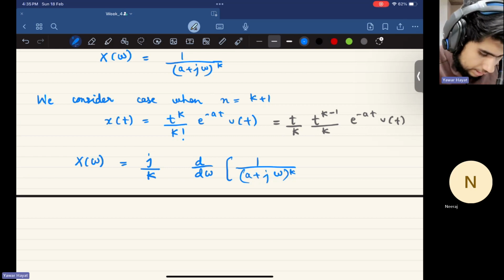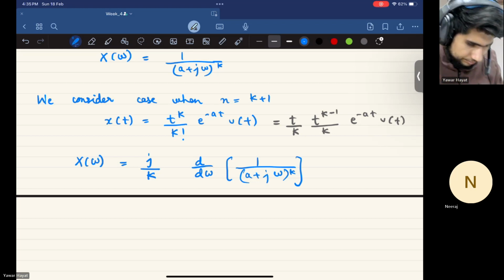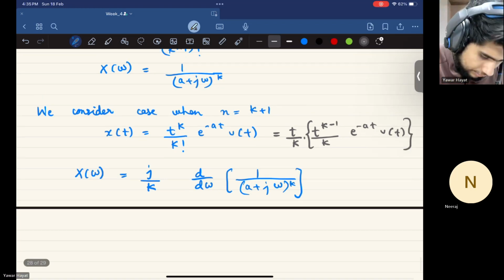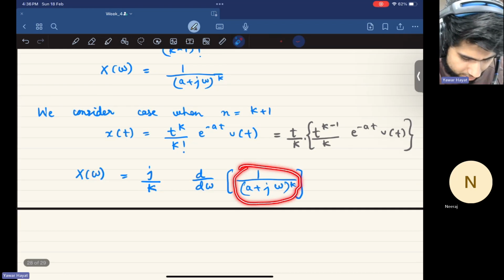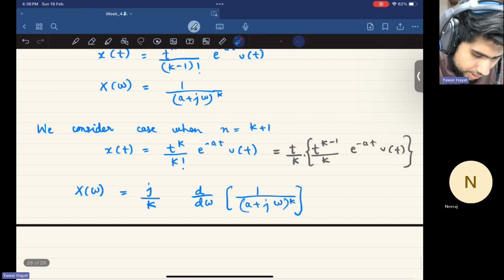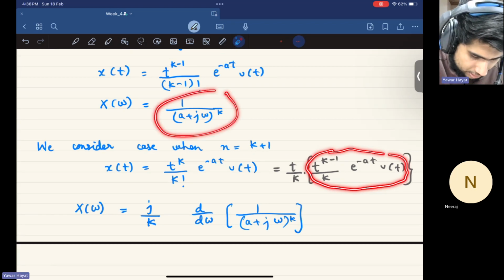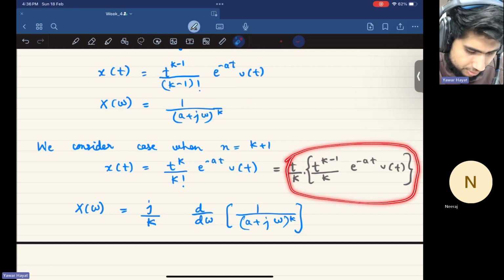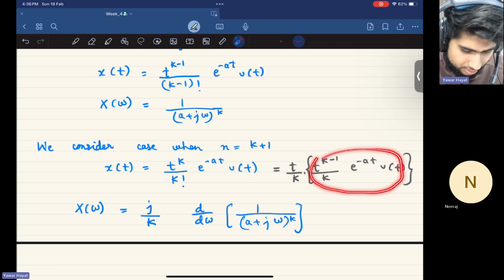Why have I taken the derivative of this particular thing? Because the Fourier transform of this is this. So when I multiply this by t, the Fourier transform of the resulting signal would be the derivative of the Fourier transform of this one.